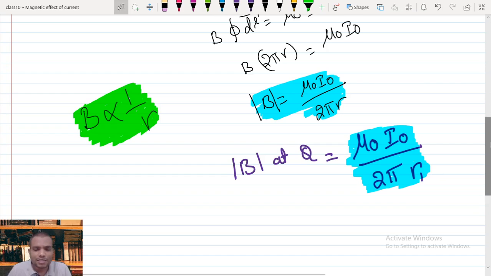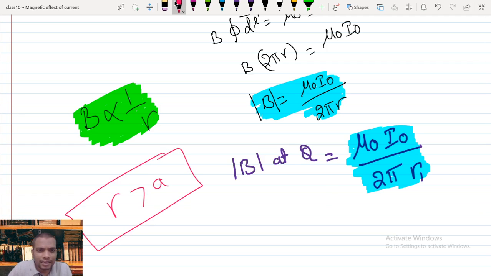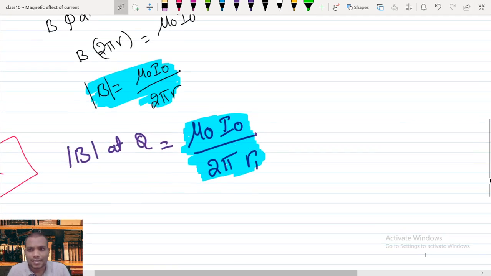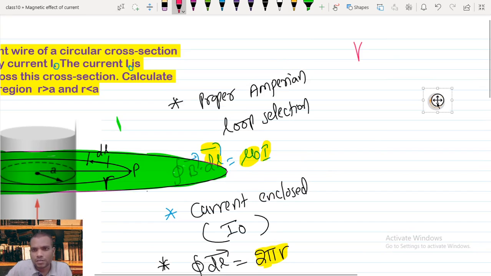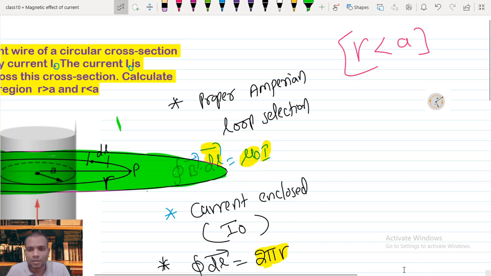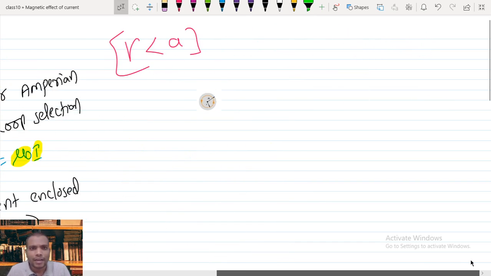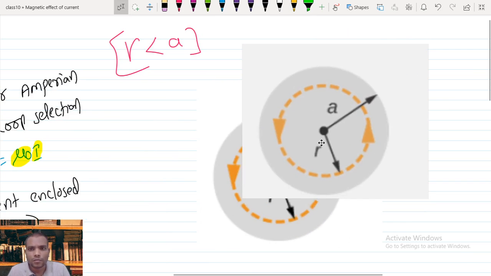Now these two cases give us the situation when r is much greater than a, where a is the radius of the wire. The second case is when r is less than a, which means the point where we need to find the magnetic field is inside the radius of the wire.